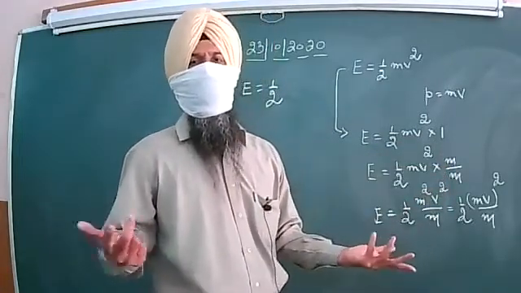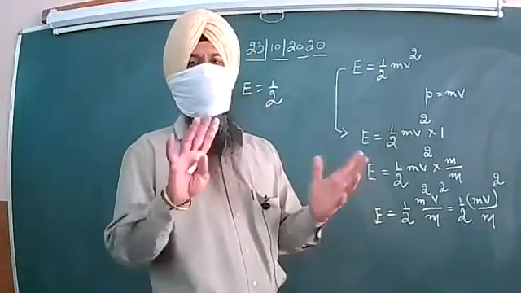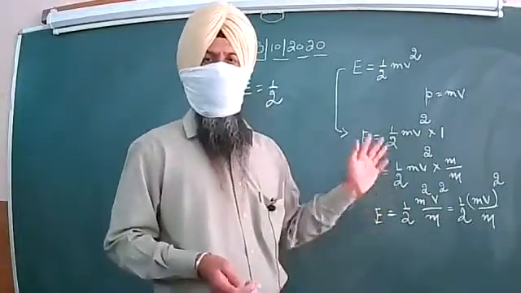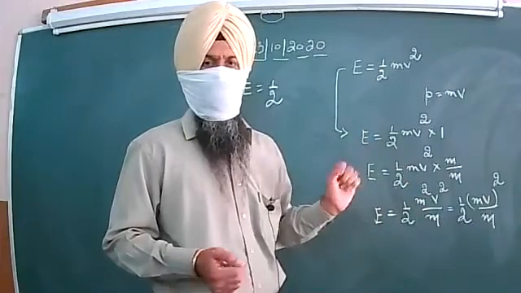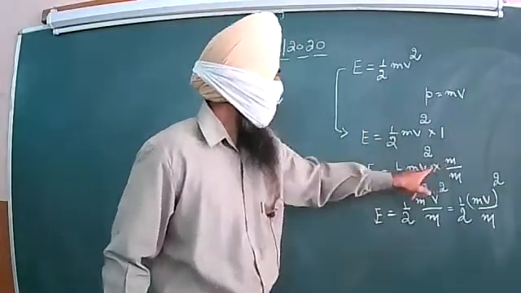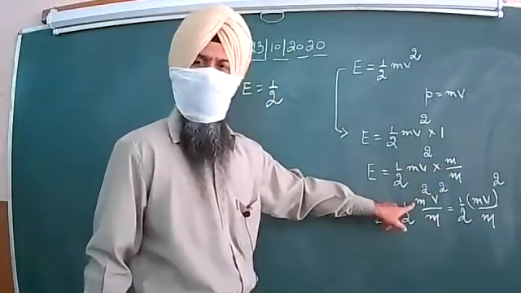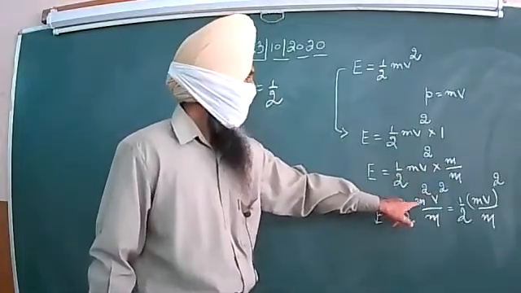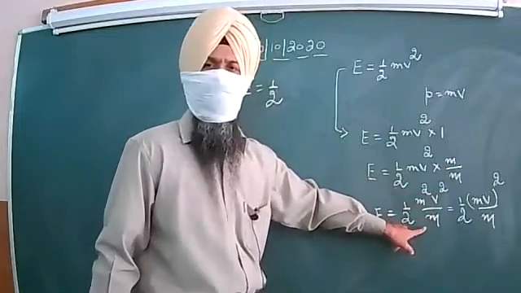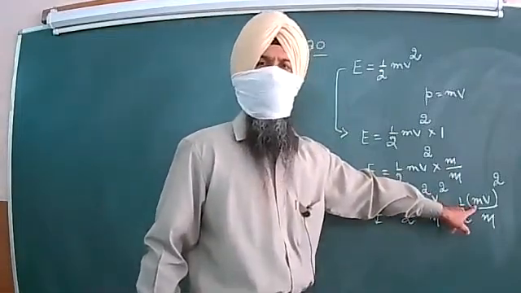When we multiply any numerical factor, any formula, with 1, that will not at all alter the result. Then this m, when getting multiplied by this m, will give you m square. So this is m square v square upon m. I can write it collectively as m into v complete square.